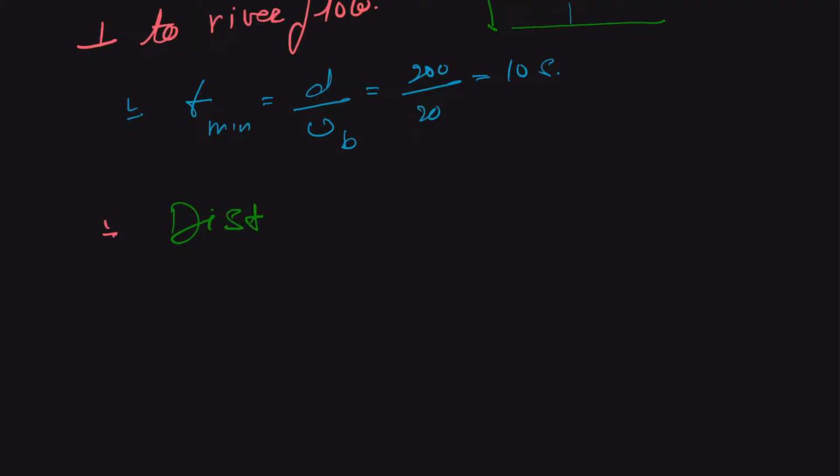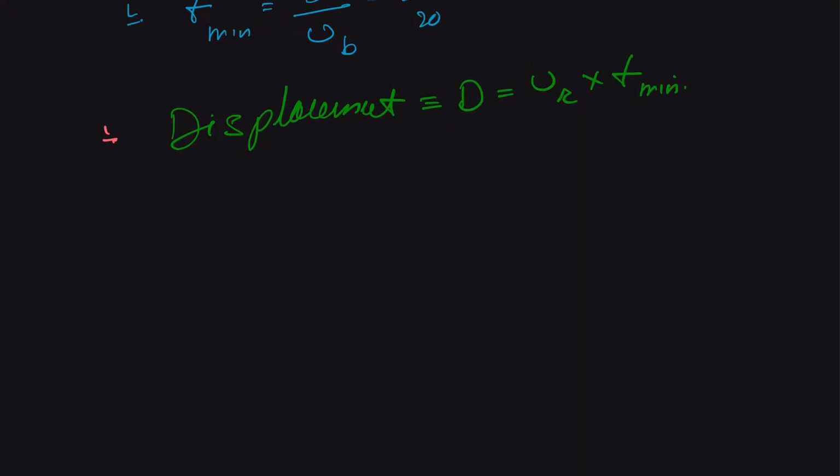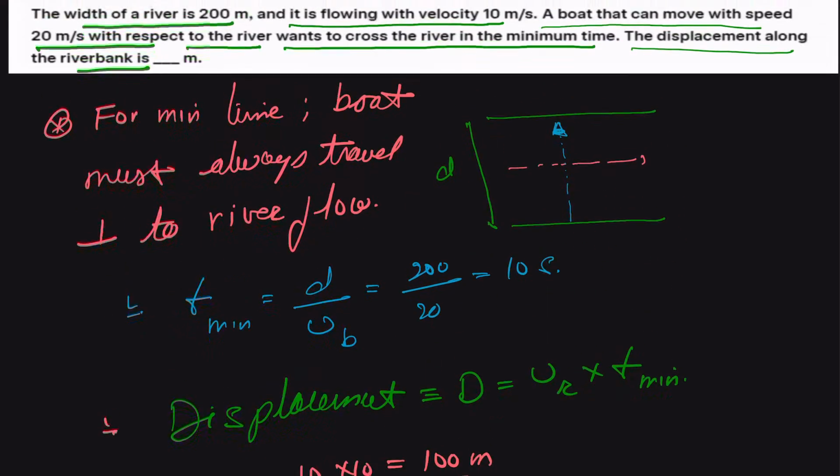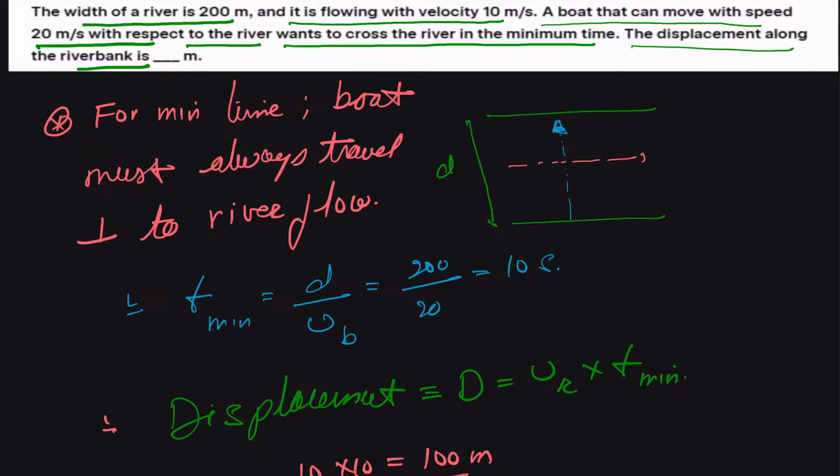The displacement, that is our capital D, will be equal to the velocity of the river multiplied by the minimum time, and the velocity of the river is 10, which gives us 100 meters. So because of the river, it will be displaced by this much amount.